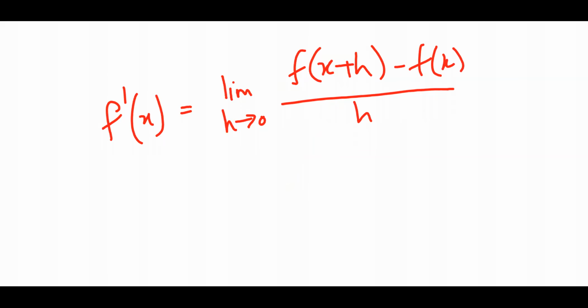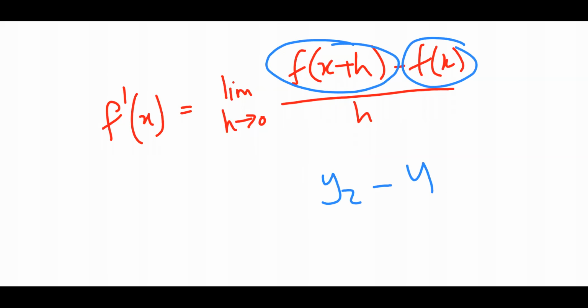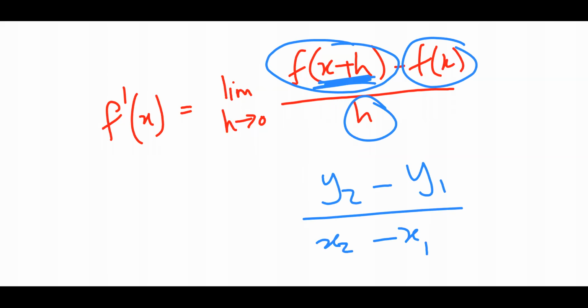So it should look like you are working out a gradient. We look at this f of x plus h as your y2. This f of x is your y1, divided by x2 minus x1. So this h represents the x2, which is the x plus h, minus the x1, which is x.